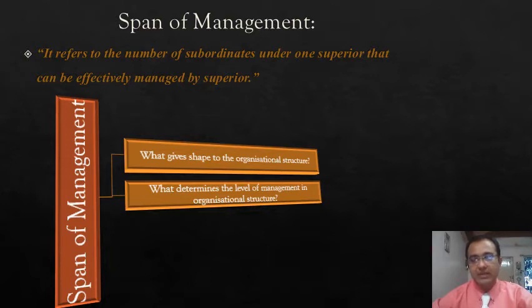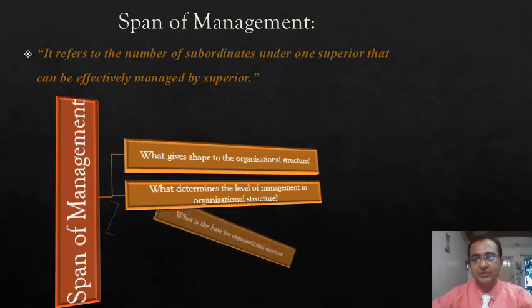In the same manner, if the total number of workers increases by 60, then now there are a total of 90 workers. So one manager has to appoint a subordinate worker as a sub-assistant. So one more level of management will be added into the organizational structure. So, this span of management will also decide the levels of management in an organizational structure.